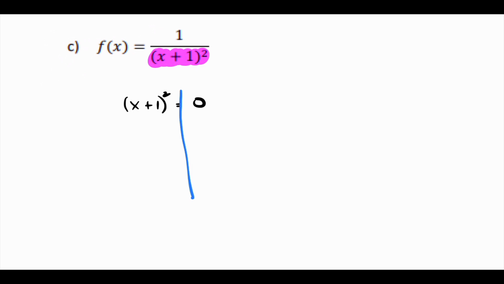So I have to undo the left side. How do I undo, or what's the opposite of squared? Square root. So I got to take the square root of both sides. Square root of 0 is just 0. And then subtract 1 from both sides.